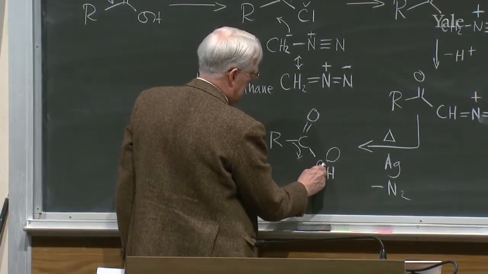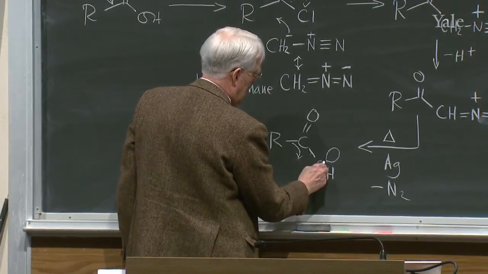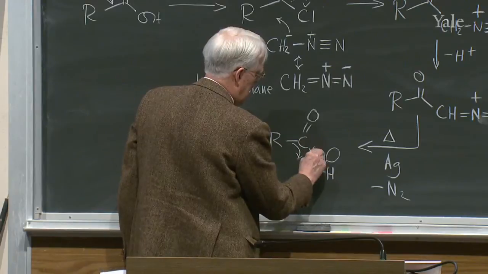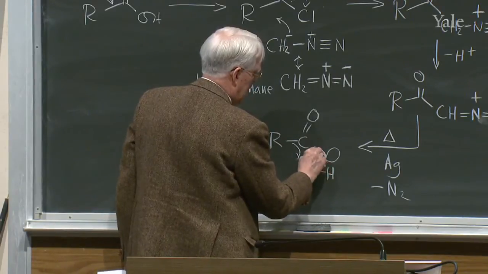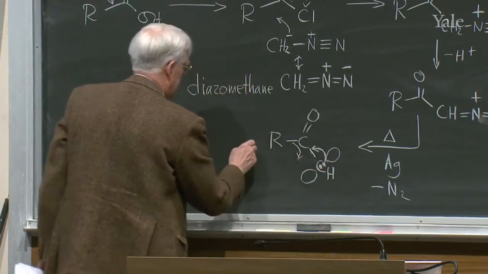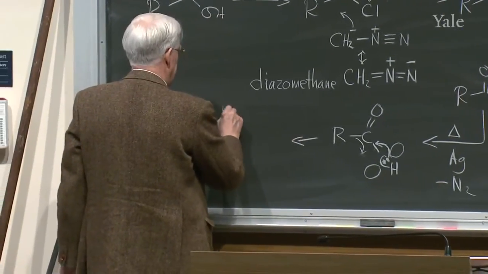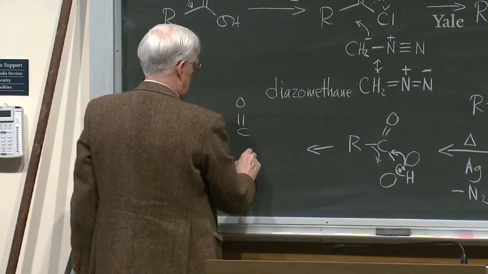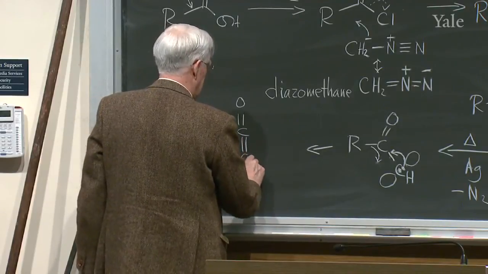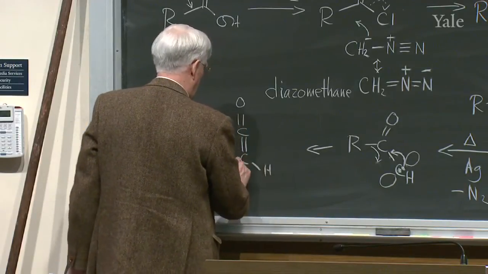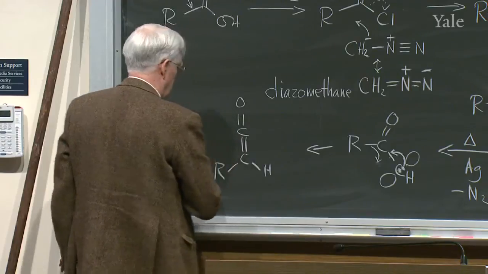But at the same time, these electrons can come here to make a double bond. So we have C double bond O, double bond C, H, R. Right?